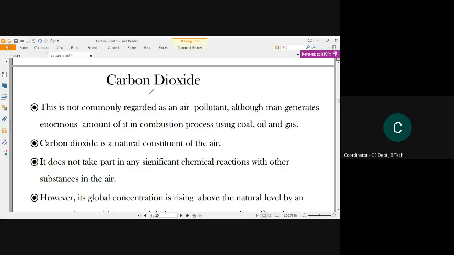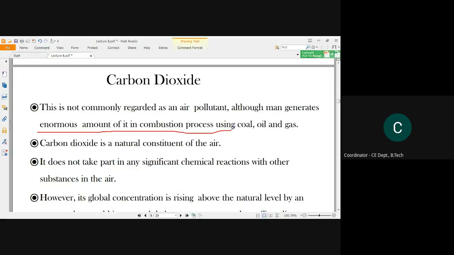So we cannot claim this to be a very harmful air pollutant, but it may become harmful if it takes the place of the good gases in our environment. Although man generates an enormous amount of it through the combustion process using coal, oil and gas.